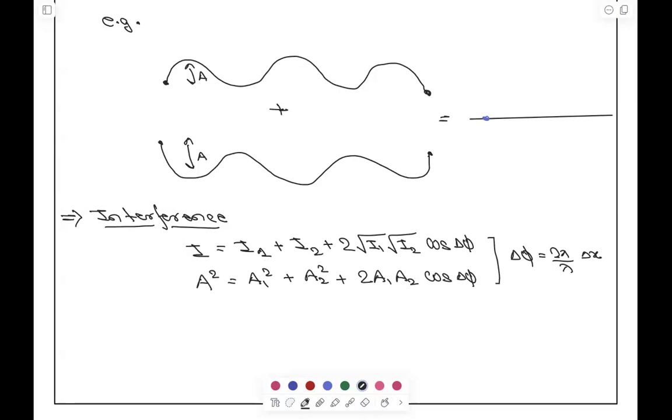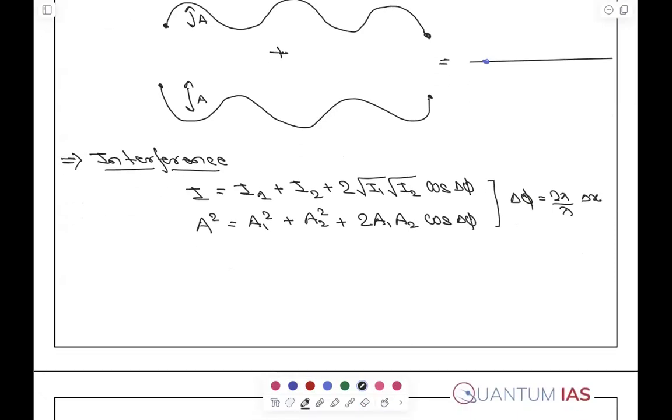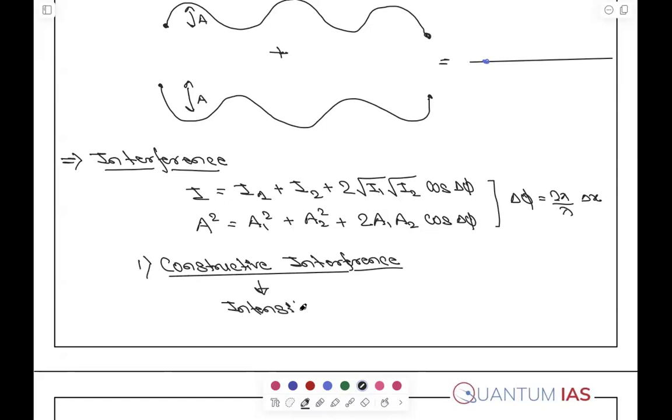Now you have to understand here that it can be constructive and it can be destructive. First, interference can be constructive. Interference भाई सिर्फ लाइट में नहीं होती है. Interference can occur in any type of wave which is coherent in nature, having a constant phase difference, right? So we say it is constructive when intensity is maximum.